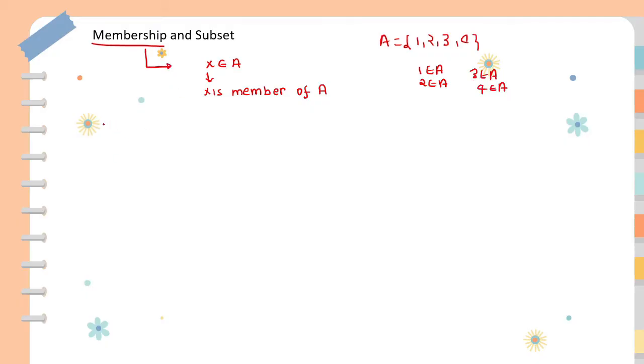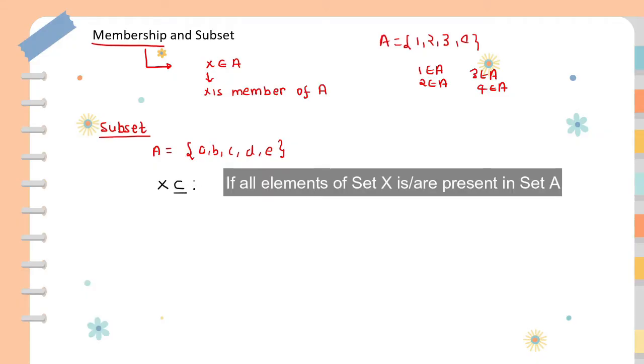And for subset, let me write here subset. Let us assume any set A, that is A B C D E. Let us assume any subset of A. What does it mean by subset? Subset of A means any set, let's assume that set is X, and that is denoted by this sign.